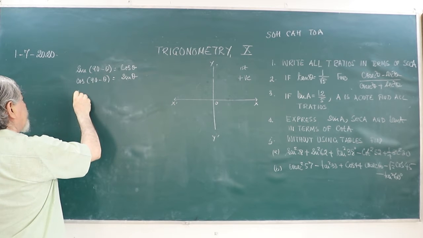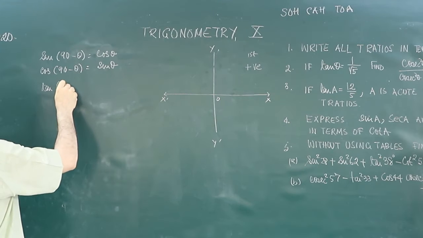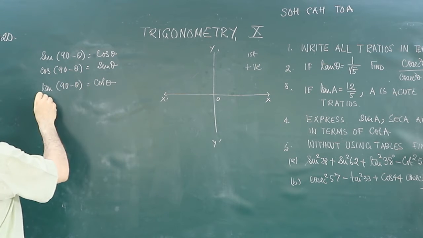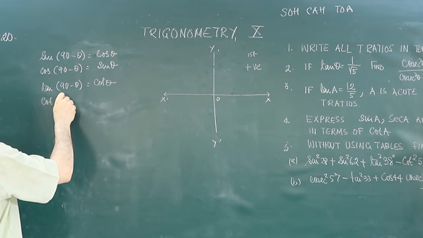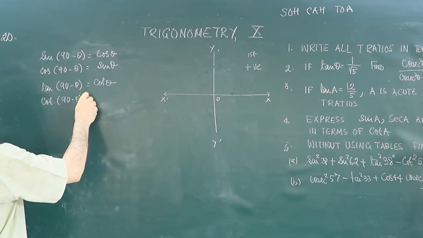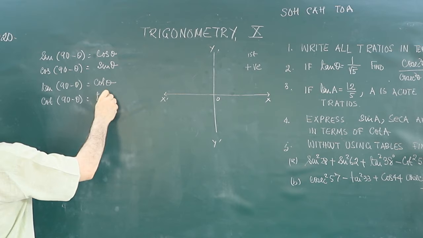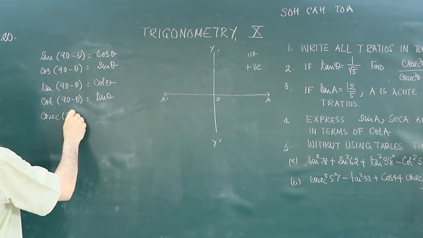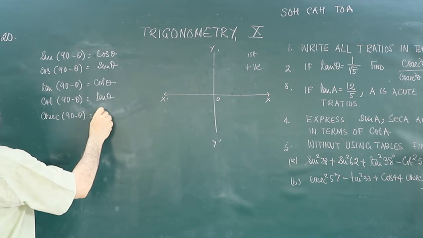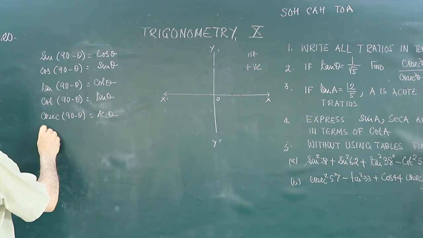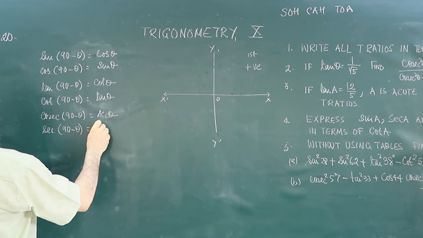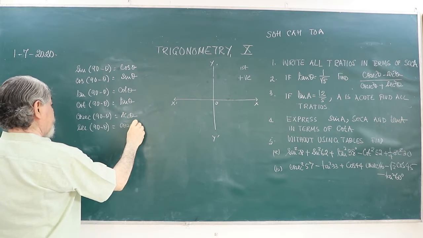Similarly, tan 90 minus theta is cot theta, cot 90 minus theta will be tan theta. Similarly, cosec 90 minus theta will be sec theta, and sec 90 minus theta will be cosec theta.